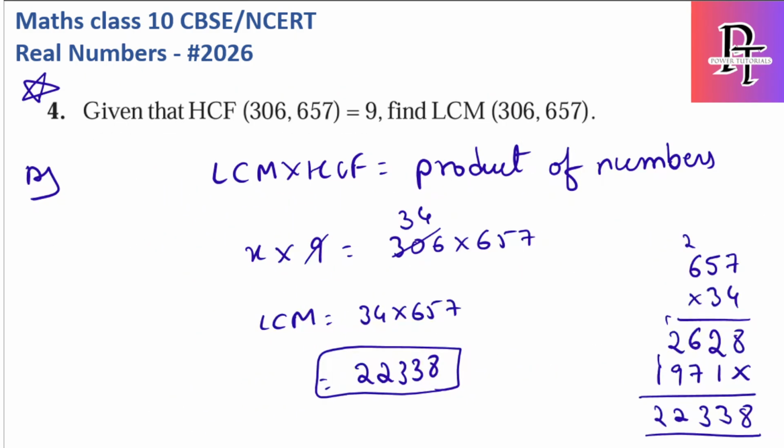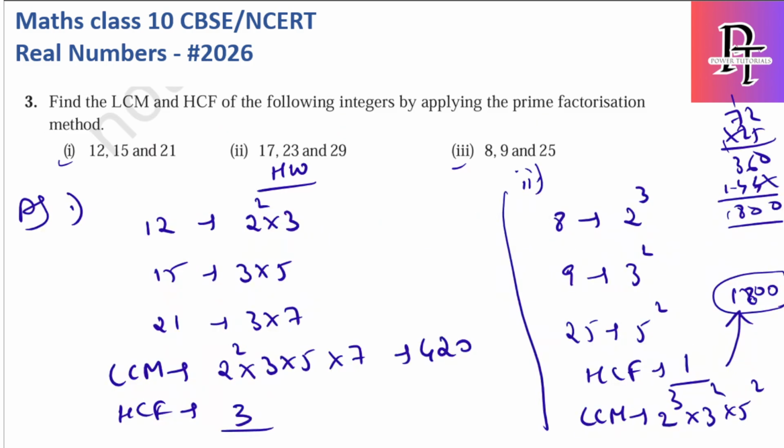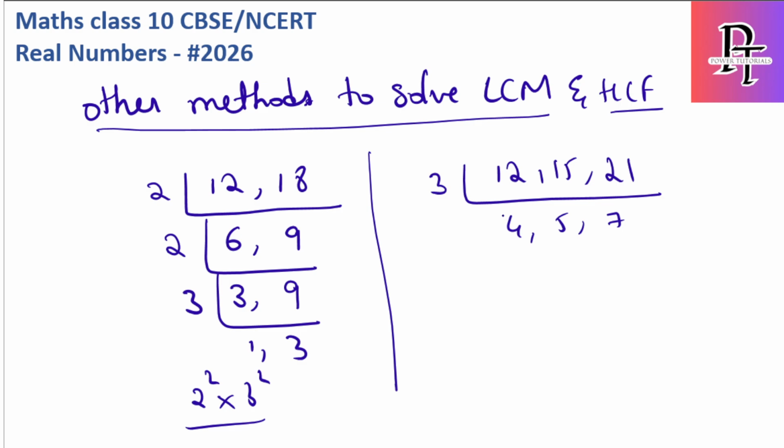For LCM, earlier I found it for 12, 15 and 21, and we got the LCM as 420. Let's solve the same. 12, 15 and 21. If I divide by 3, I get 3 fours are 12, 3 fives are 15, 3 sevens are 21.